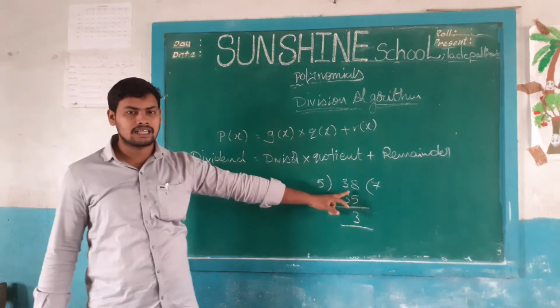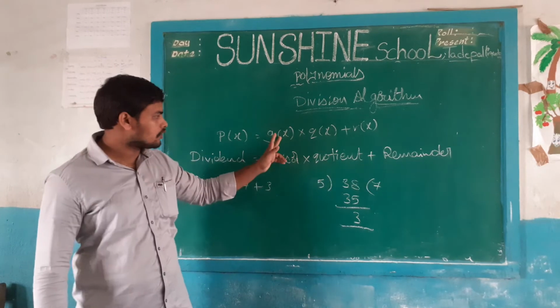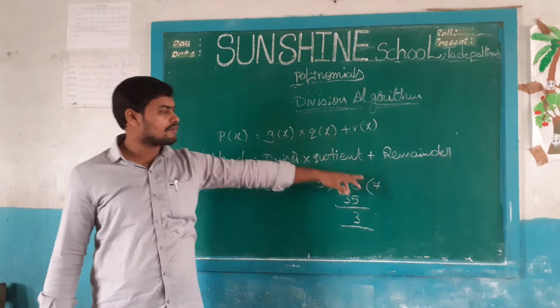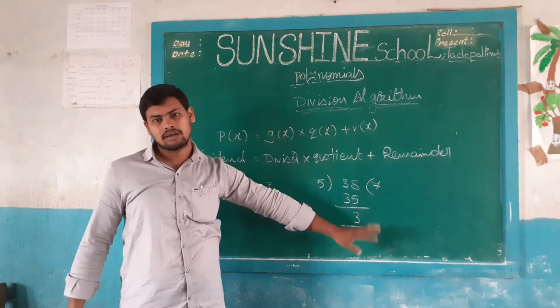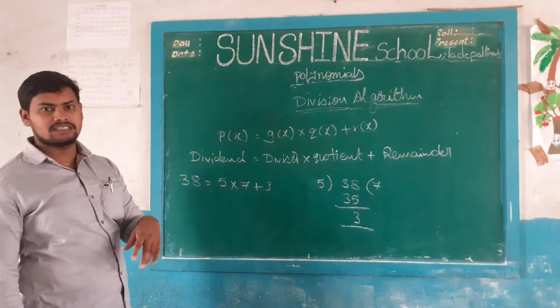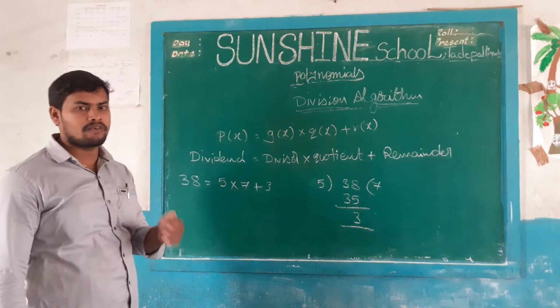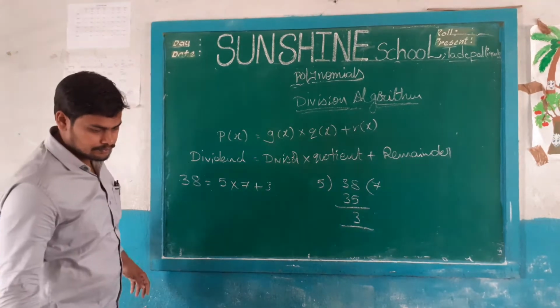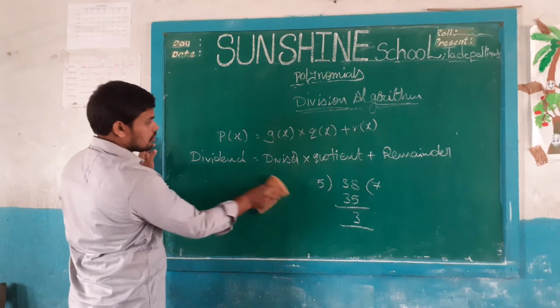So now we have to analyze the concept. Here P of x is this one, G of x is this one, Q of x is this one, and R of x is the remaining one. Okay. So let us consider an example for the division process.